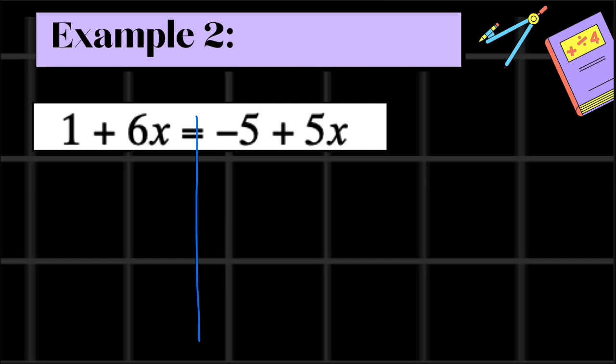We're going to move on to step 3, which is to get the variables on one side of the equal sign and the constants on the other side of the equal sign. I like to put my variables on the left, so I'm going to start by moving positive 5x to the other side of the equal sign by inverse operations. So I'm going to subtract 5x from both sides.